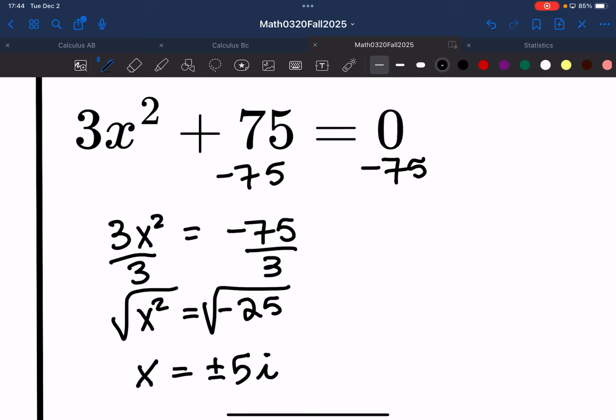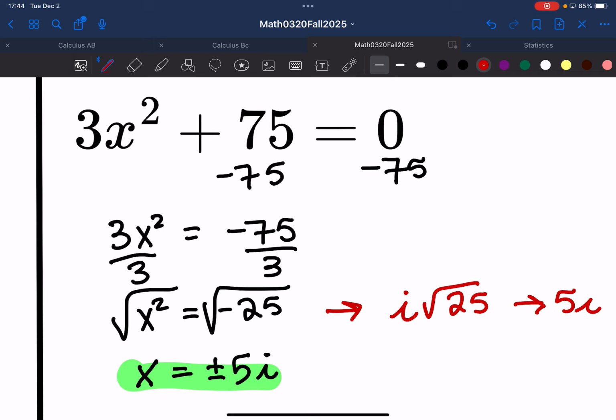The negative comes out and that becomes i. Then we just have the square root of 25, which is 5, and our answer is always going to be one positive, one negative, so plus or minus 5i. And if you need to refresh, this is the same as saying i times the square root of 25, and that's how we got 5i.